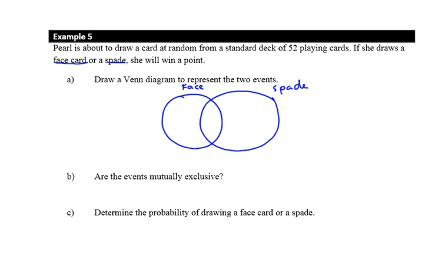Jack, queen, and king. Could we have a spade that's also a face? How many are there? 3. How many total face cards are there? 12. So how many face cards are not spades? 9. Total, how many spades are there? 13. So non-face spades would be 10.